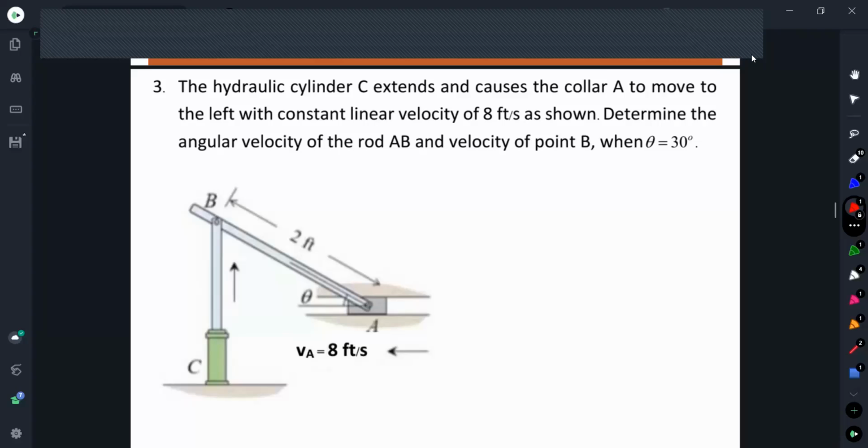For this problem, we can actually use the relative motion analysis also, but in this case we will apply the absolute motion analysis instead of the relative motion analysis that we have done in the previous problem. We have to set up the reference point.